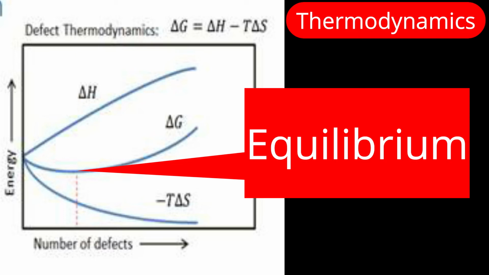With a little defect, there is a minimum for delta G, more stability, more negative delta G, and a more favorable situation. If we increase the defect, then delta G becomes a little more positive relative to the previous one. So the most suitable thing is with defect, the dotted line. The number of defects is represented for that particular temperature. So for every temperature there remains an equilibrium situation where a number of defects do occur.